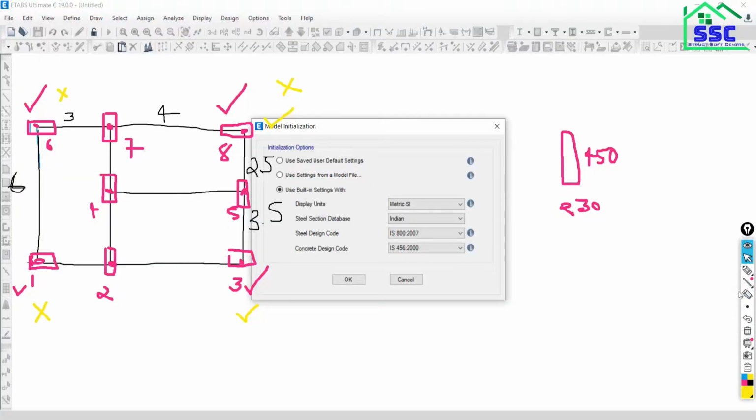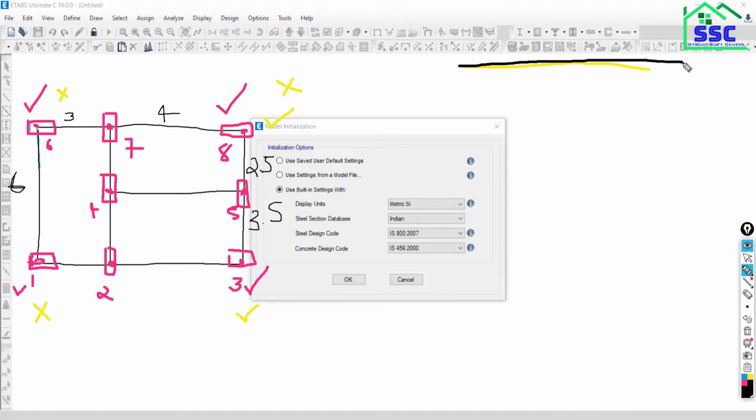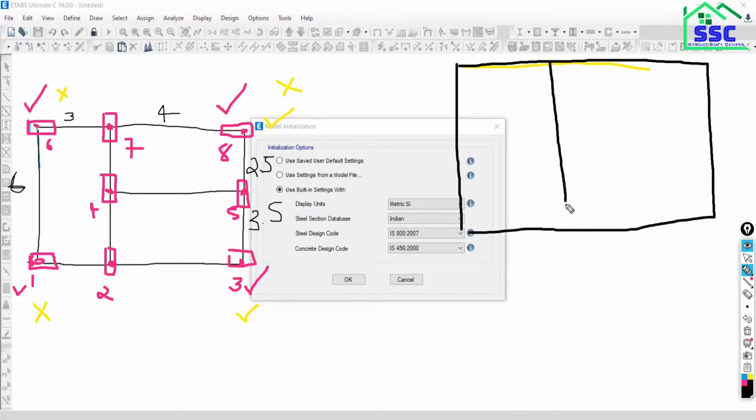The arrangement should be such that, suppose the building is like this, and I have given this kind of arrangement.